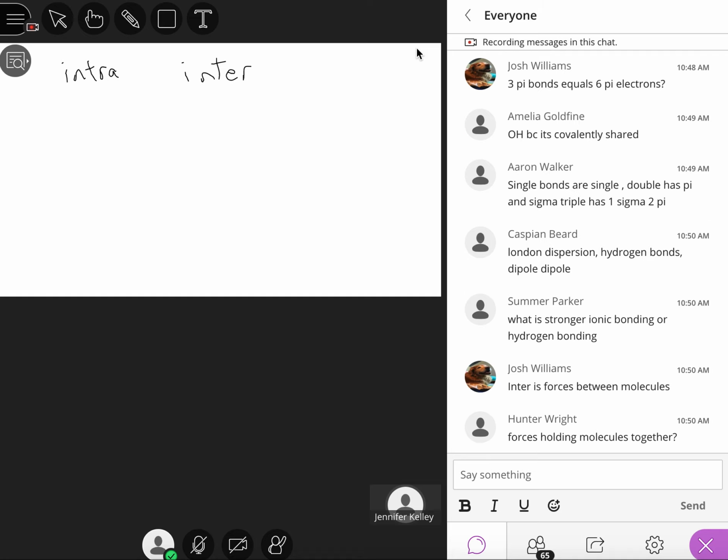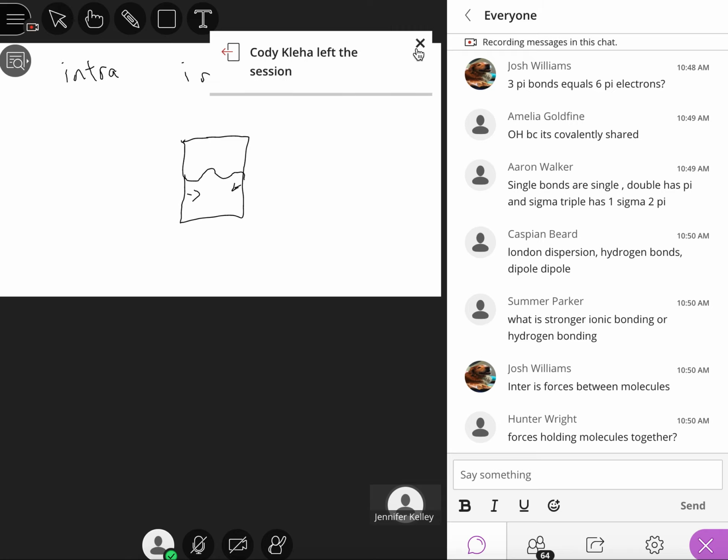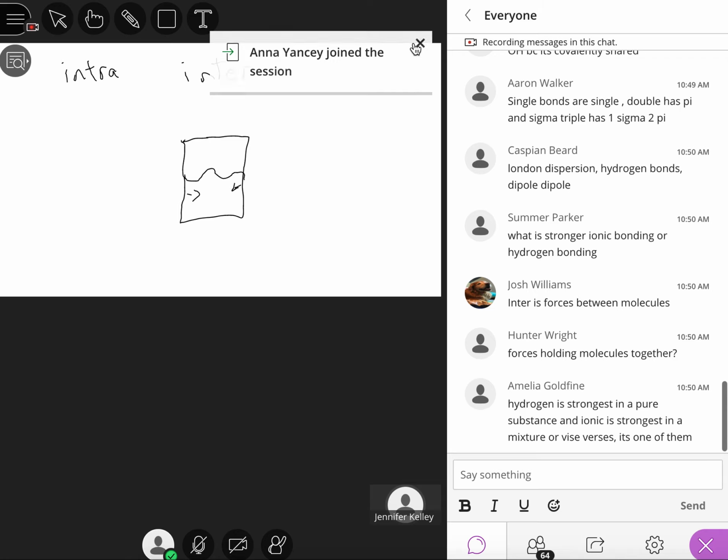Right. That is correct, Josh. Intermolecular forces are between molecules. And Hunter's right, they're holding all of the molecules together. So if you have a glass of water and it's in the liquid state, the intermolecular forces are holding the water together. It's like the glue that holds one water to another water. So it doesn't just kind of float away, right, as individual atoms.